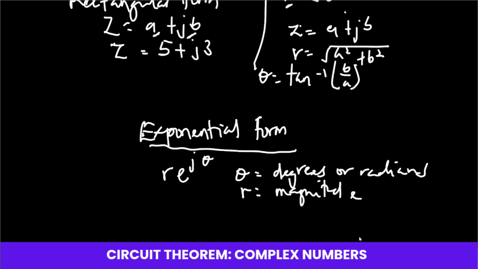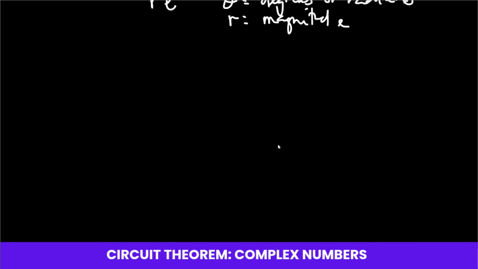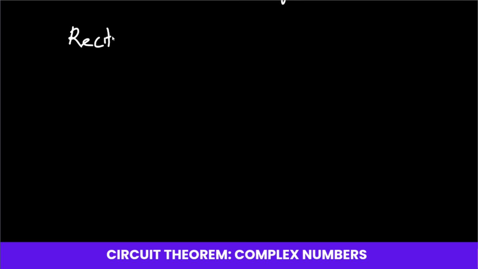Okay, so now we would like to convert the complex numbers from one form to the other. The first one we are going to look at is converting a rectangular form to a polar form.